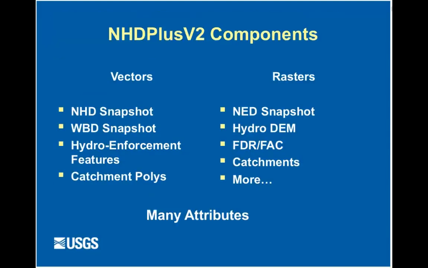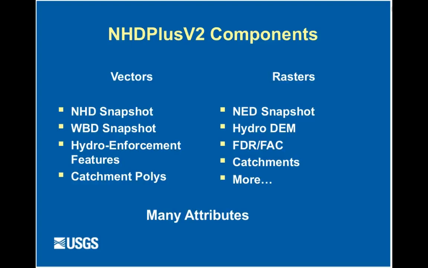These are the major components of the NHD Plus, with the vector data on the left and the raster data on the right. The NHD Plus includes a snapshot version of each of the 3 major data sets that were integrated to create NHD Plus. And this includes the complete 1 to 100,000 scale NHD, the watershed boundaries data set, and the National Elevation Dataset on the raster side.